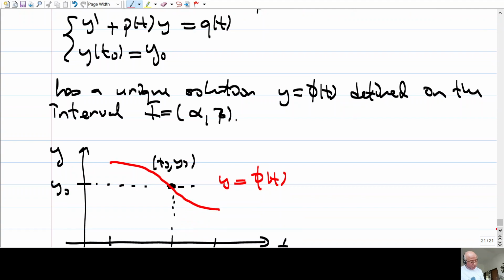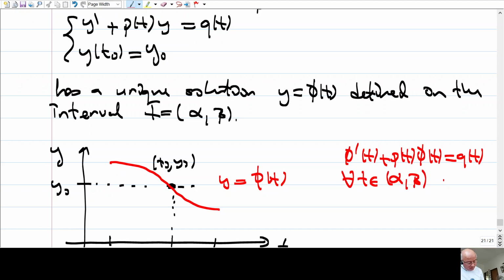In other words, phi prime t plus p t phi t equals q t for all t in alpha beta, and phi t0 equals y0.